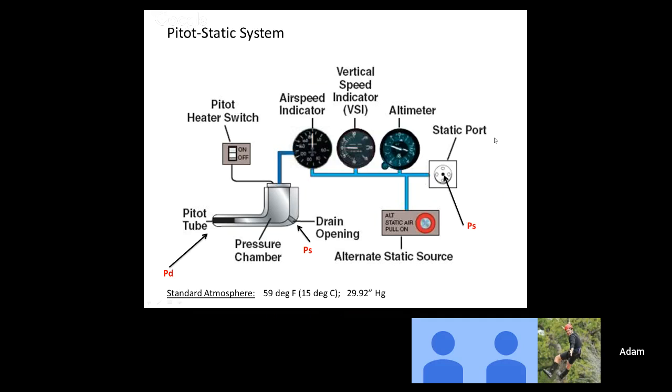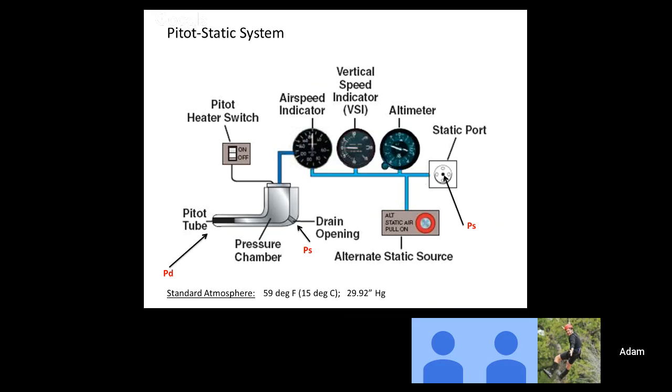The principle of the pitot-static system is that it runs instruments under the principle of air pressure and pressure differential. Two instruments, the vertical speed indicator and the altimeter, which I'll explain in a couple slides, operate strictly under the principle of ambient pressure.